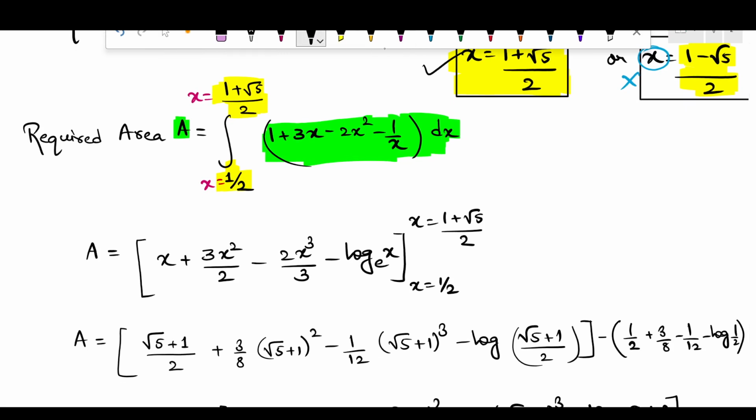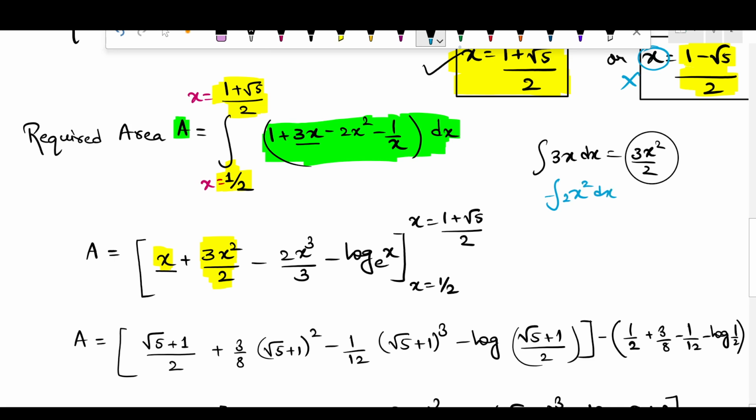Here the integration of 1 is x, then the integration of 3x dx is 3x square by 2, right? This is the 3x square by 2. Then again the integration of minus 2x square dx is minus 2x cube by 3, which is this.